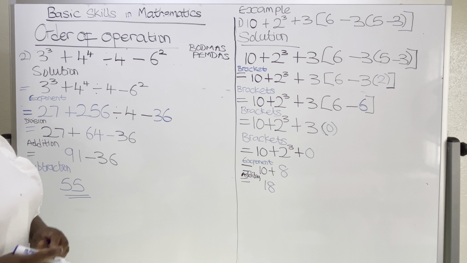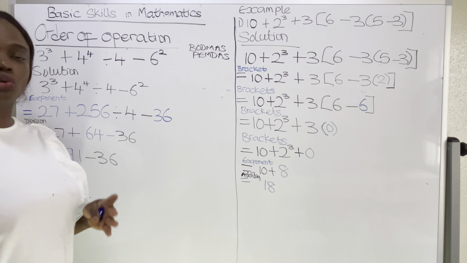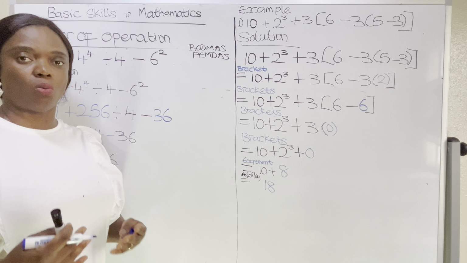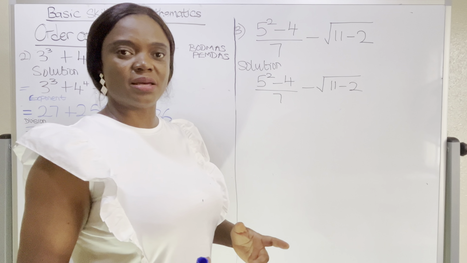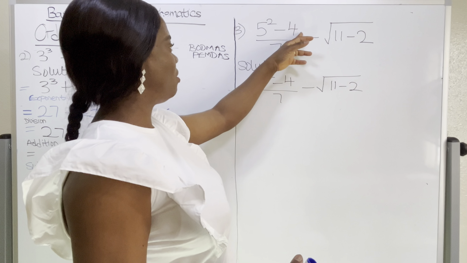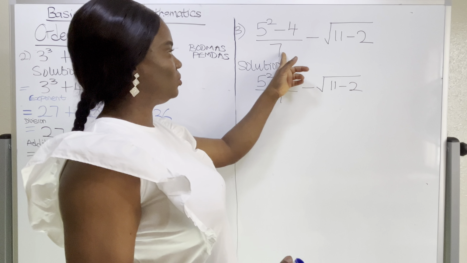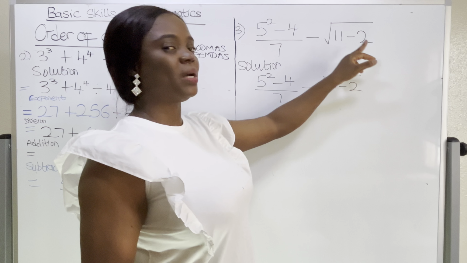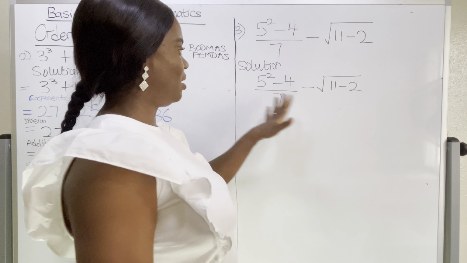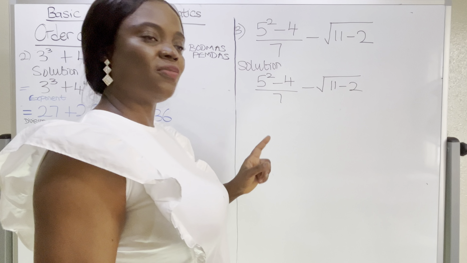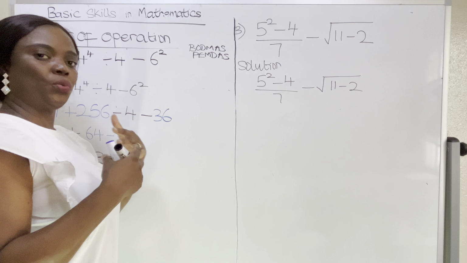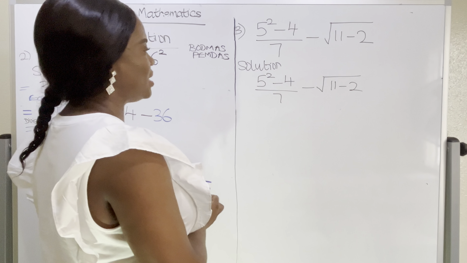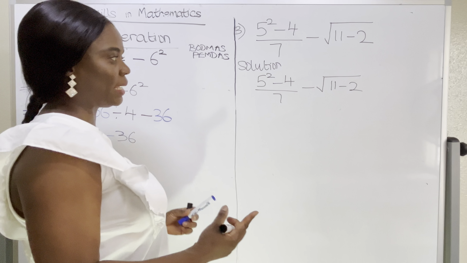Like I said, this step is when you are to show all your workings. Let's look at the third example. 5 squared minus 4, everything over 7 minus the square root of 11 minus 9. In this case, going through BODMAS, the first thing, we do not have a bracket here.